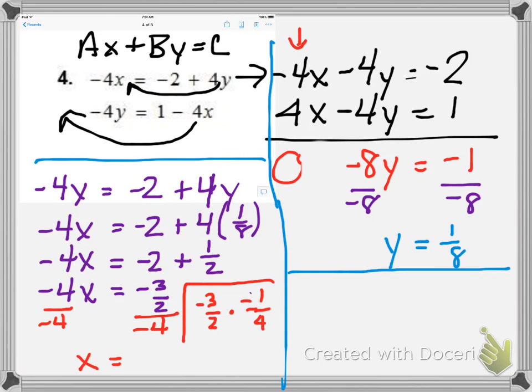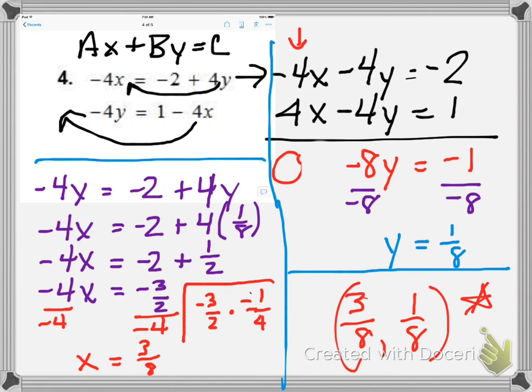So that's going to give me a positive 3/8. Okay, so my answer is (3/8, 1/8). And I encourage you to check that with a calculator and double check me to make sure I got it correct. If not, raise your hand and let your teacher go over it with you and see if I've made a mistake.